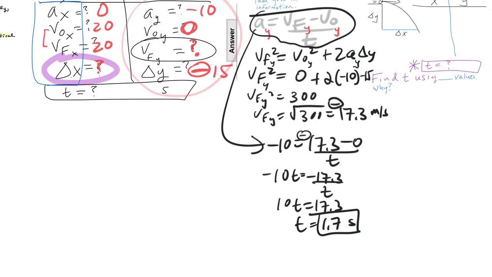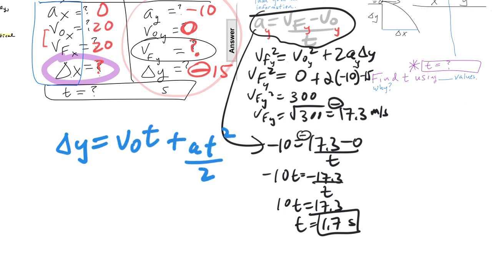Okay, that's a two-step process. There's an easier way to do that, without having to do two steps. I could have used d equals VOT plus AT squared over 2.